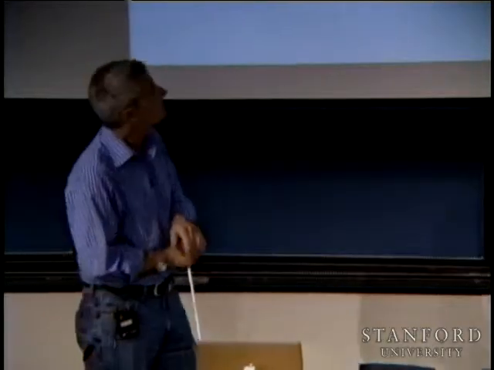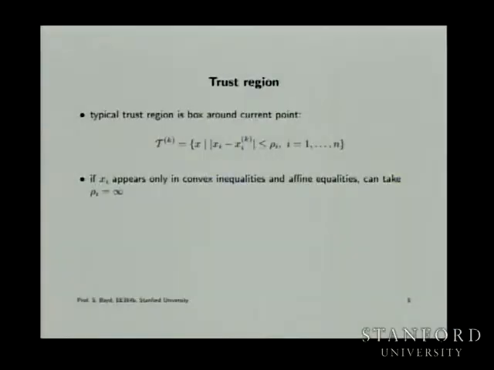So the trust region, a typical thing, although this is by no means, by the way, it's really a set of ideas. So the algorithm we show here is going to be simplified. When you actually do these things, depending on what your particular problem is, you'll switch all sorts of things around. You'll use different approximations, different trust regions. It all depends on the problem. So it's really more of an idea. But a typical one would be a box.